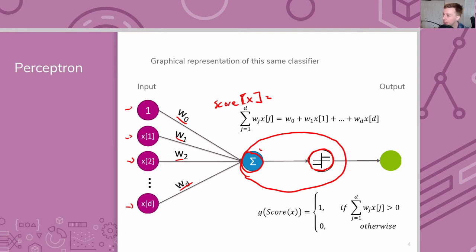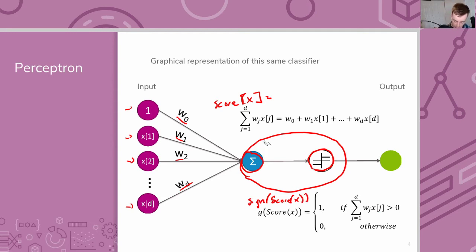So very similar to our plain old classification setup using a linear classifier. We learn weights, we do the weighted sum, and then we pass that to a thing that takes that score and comes up with an output. And the simplest thing to do would be the sign function. So here I'm showing you sign of score of X.